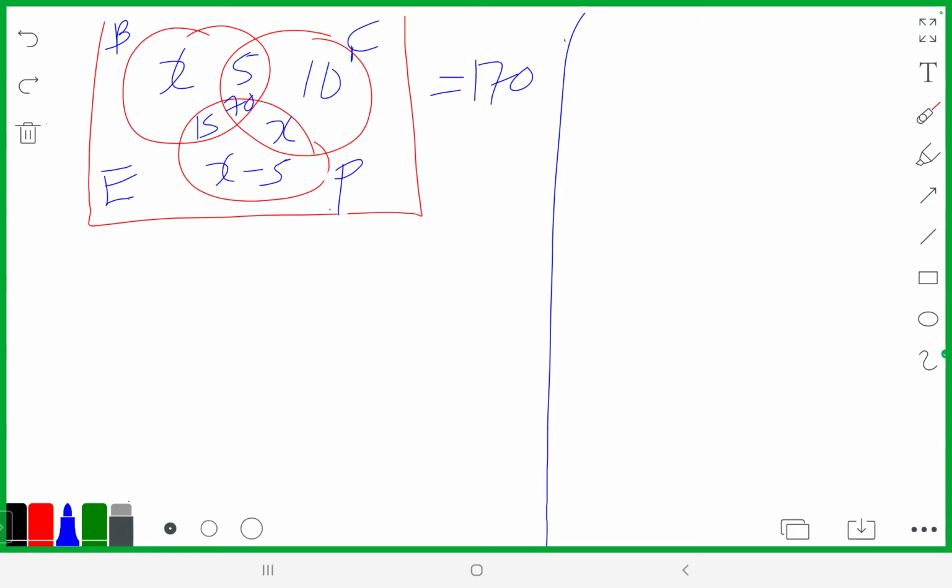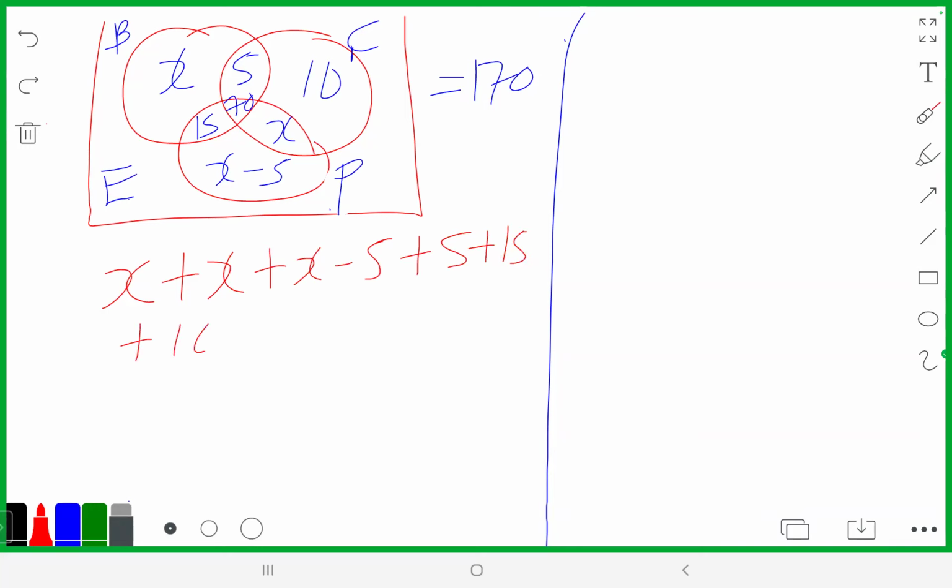We are going to add the numbers which are in the Venn diagram. How are we calculating? It's x plus 5 plus 10 plus 15 plus 70, plus x, plus x minus 5, plus 5, plus 15, plus 10, plus 70, equals 170.